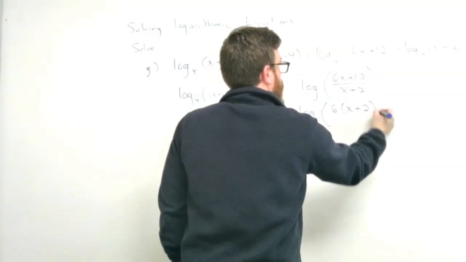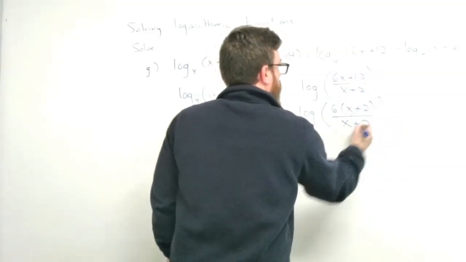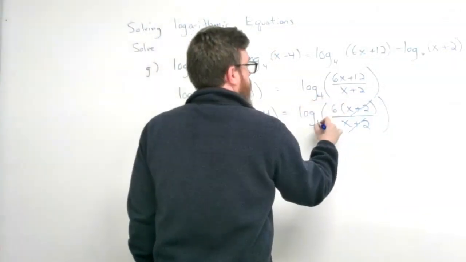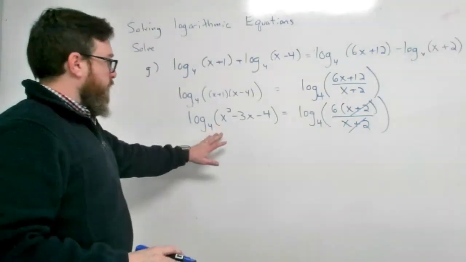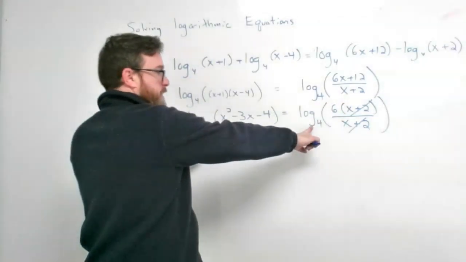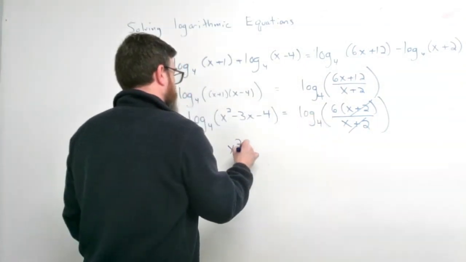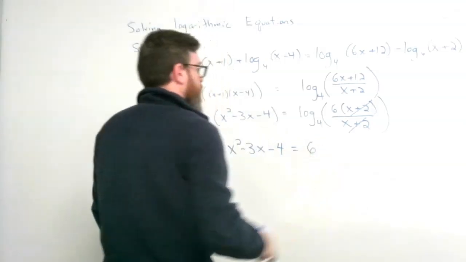So this is 6 times x plus 2 all over x plus 2, which means this is just going to be log base 4 of 6. Now, if the logs are the same on both sides, both with log base 4, that means their arguments have to be the same. So I have x squared minus 3x minus 4 is equal to 6.